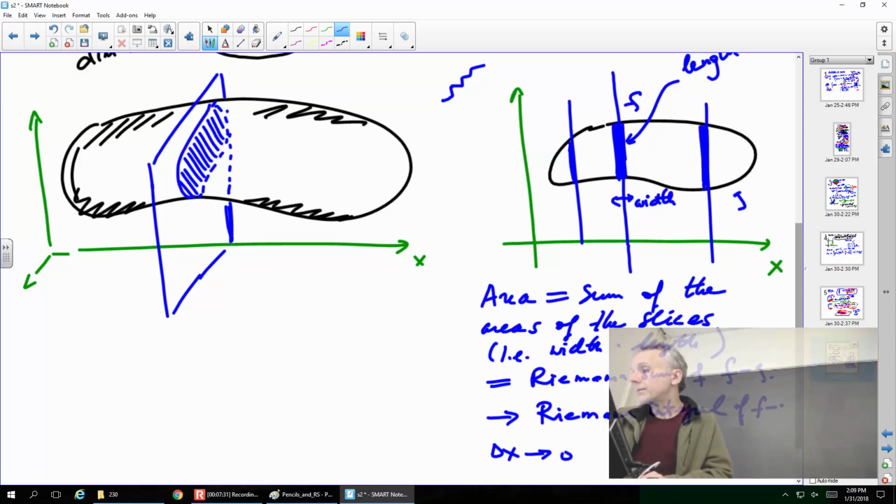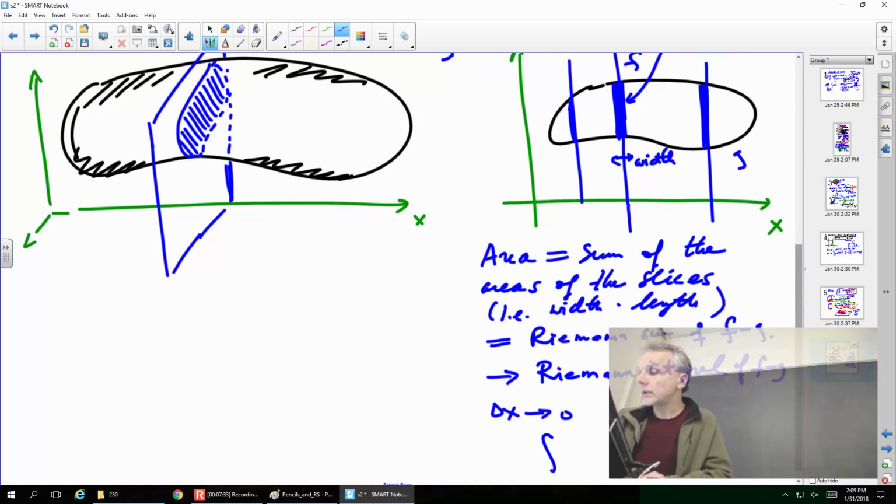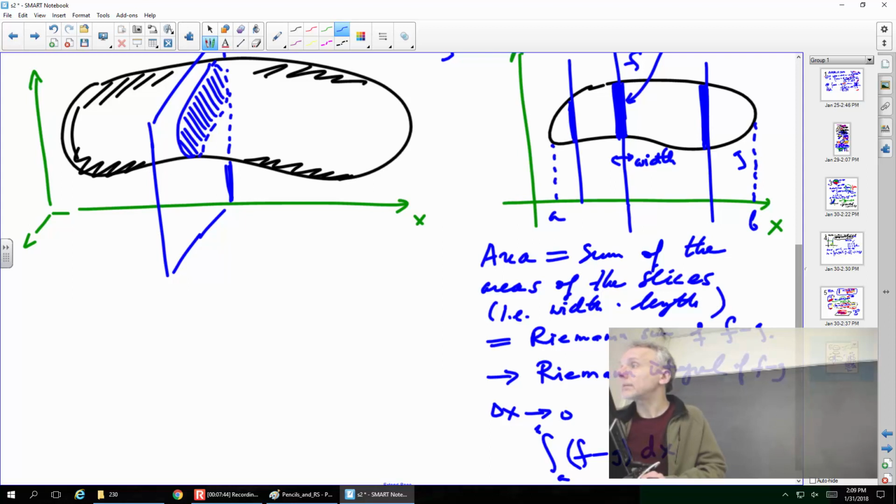Of f minus g. So, the integral of f minus g dx from a to b. Say this might be a, and this might be b.